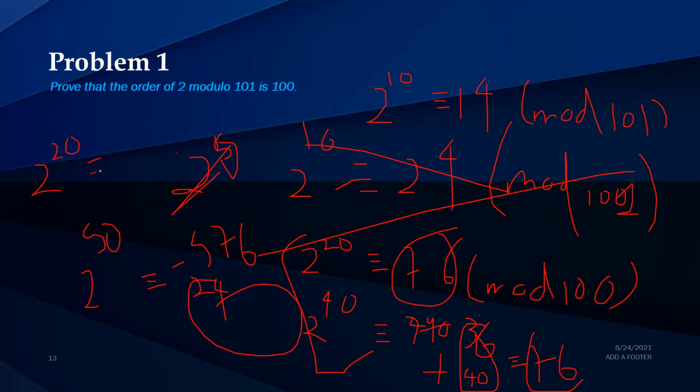So 2 raised to 20 is congruent to 196, which is minus 6 mod 101. Now we'll again square it. 2 raised to 40 is 36 mod 101.